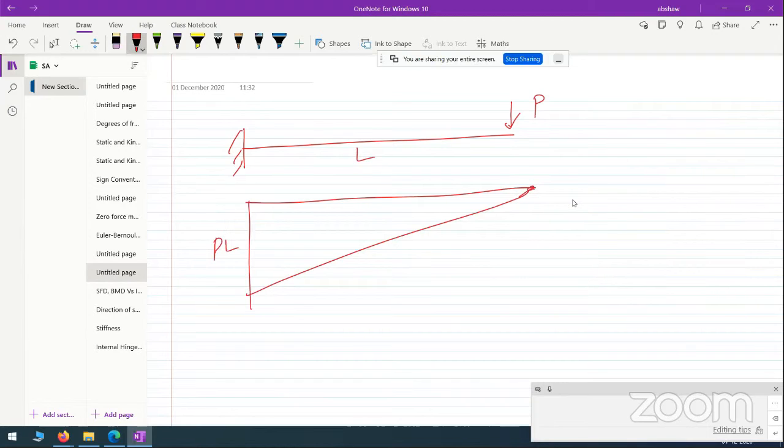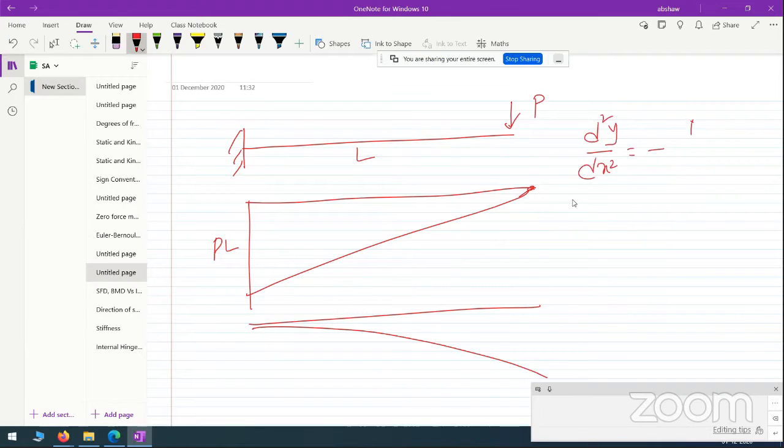But when the beam deflects like this, isn't it? So, the maximum bending moment and maximum deflection. If you have to relate bending moment with deflection, then you have to relate through the equation of elastic line. If you recall the equation of elastic line, d2y/dx2 is equal to minus M/EI, right?